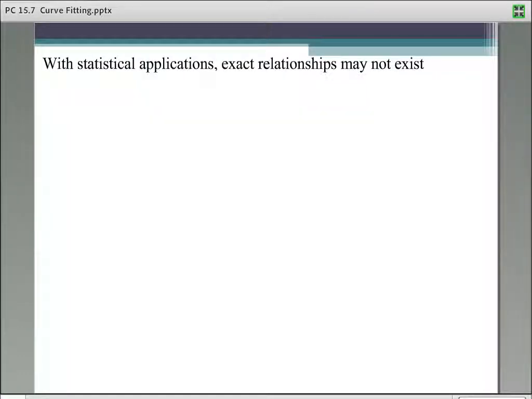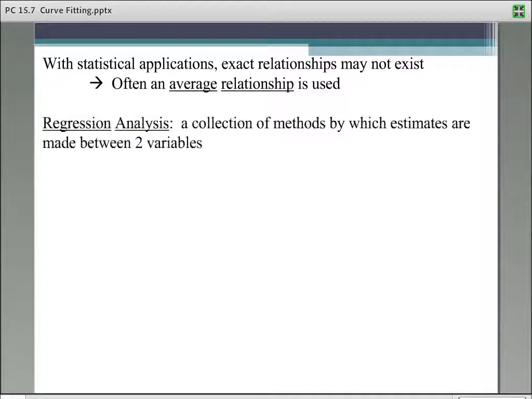And here we go. So with statistical applications, exact relationships may not exist. Often, an average relationship is used instead. And so we've got things called regression analysis, and it is a collection of methods by which estimates are made between two variables.